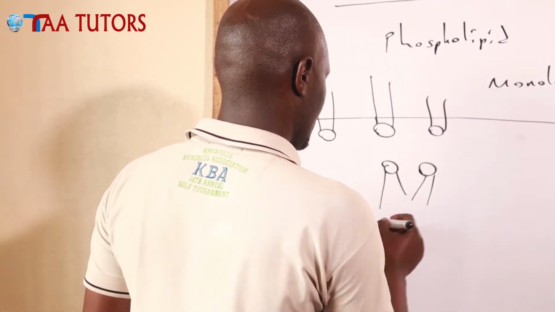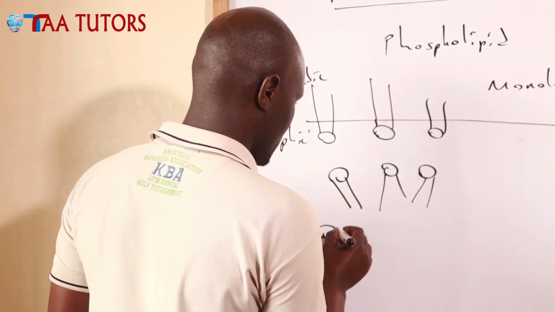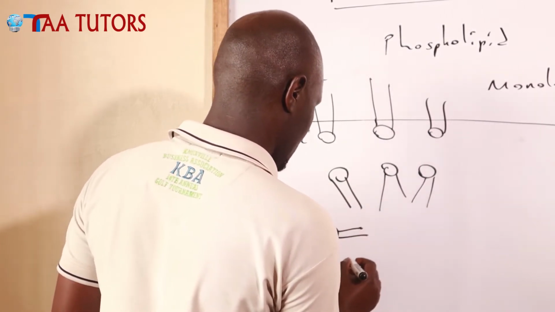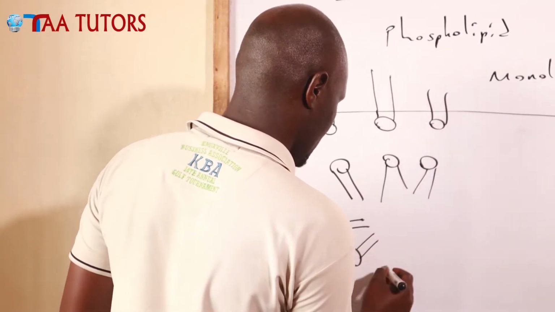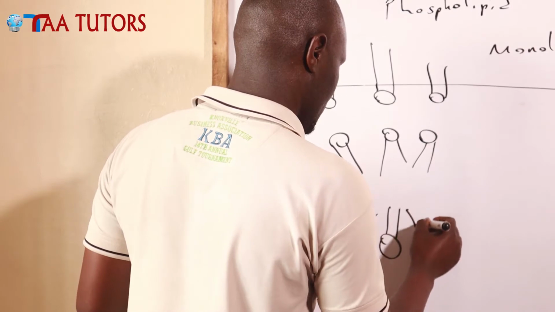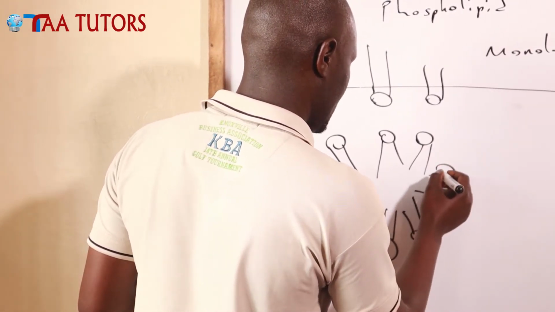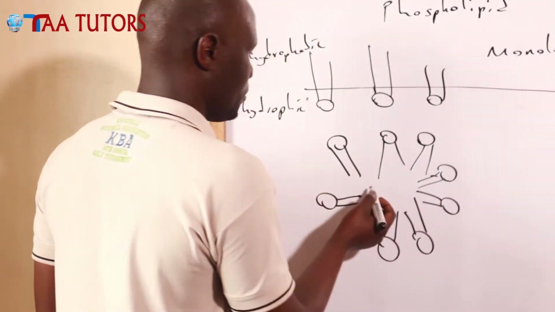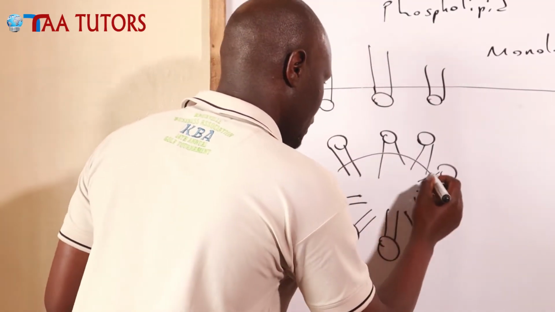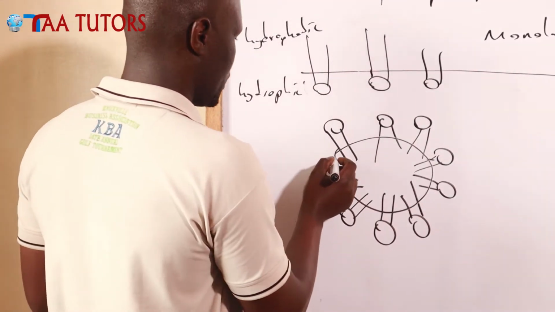So we can have it forming this layer. It surrounds it, and then they are coming at the center here, so that it's like they are running away from water, like we can see here. This surrounding here is our hydrophobic layer.